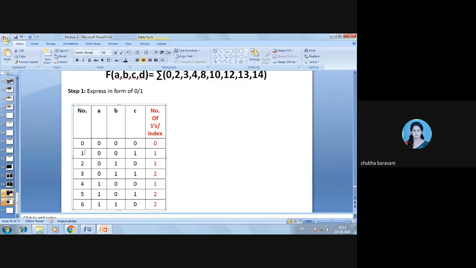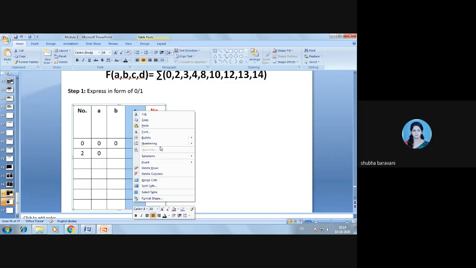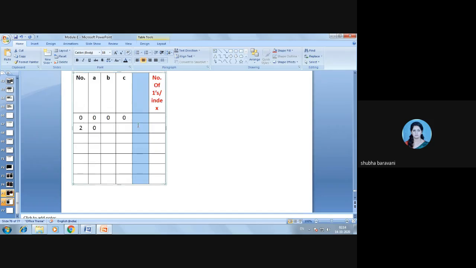So 0 is 0, 0, 0, 0. 2 is 0, 0, 1, 0. Then 3 is 0, 0, 1, 1.